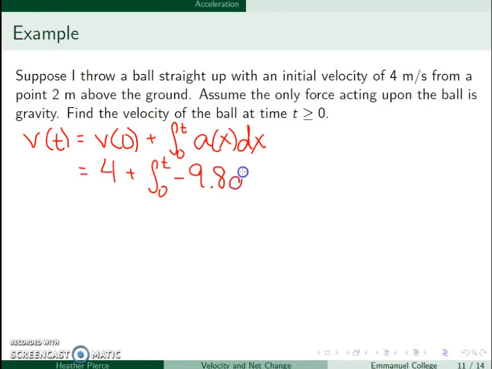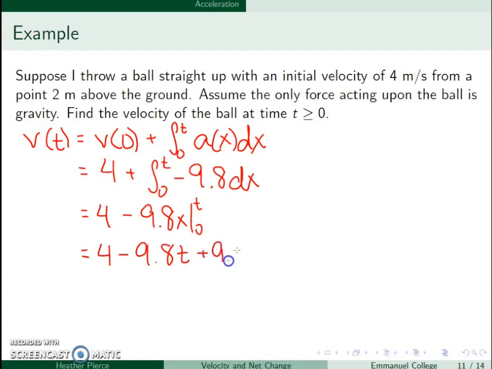We use negative since this is a downward force. So now I have 4 minus 9.8x between the points 0 and t. Sticking in my bounds, I get 4 minus 9.8t plus 9.8 times 0. So my velocity is 4 minus 9.8t.